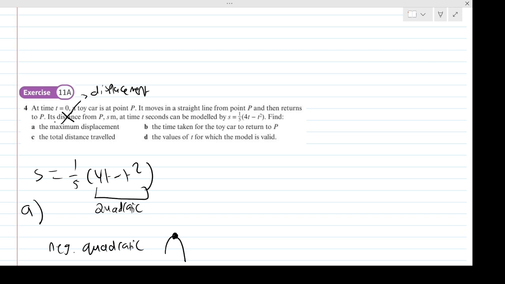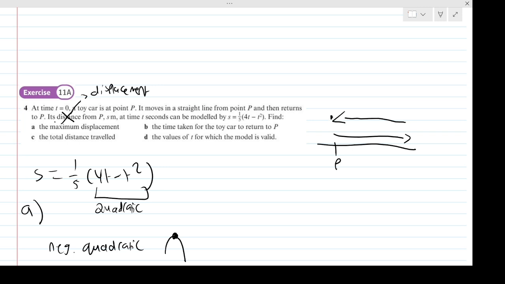So if it's displacement, it starts at a point P. The idea is it moves in a straight line from point P, so it's going to move forward, right? And then it's going to come back around, and then it's going to hit back at P. So what's the time taken when it returns back to P?